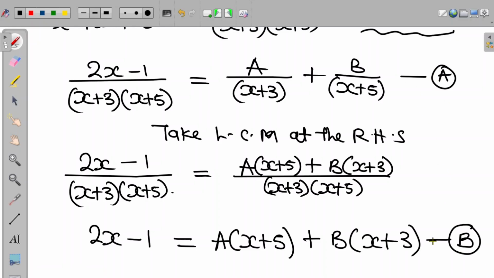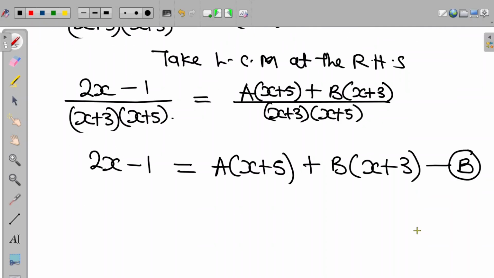Now, to obtain the values of A and B, there are two methods. One is the cover-up method, and the other is the comparing coefficients method. I have used those two methods to resolve compound fractions into partial fractions, so check out this playlist and you will find them.